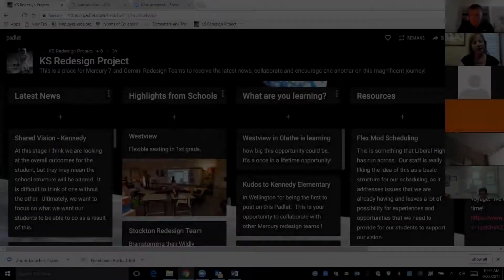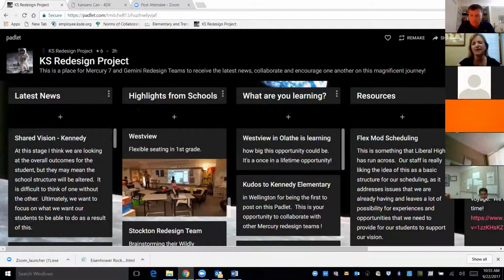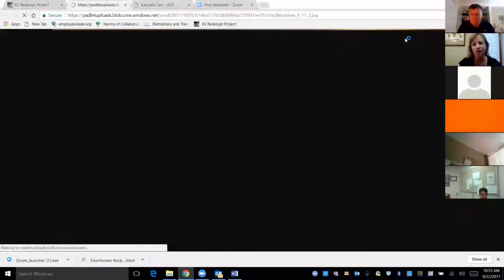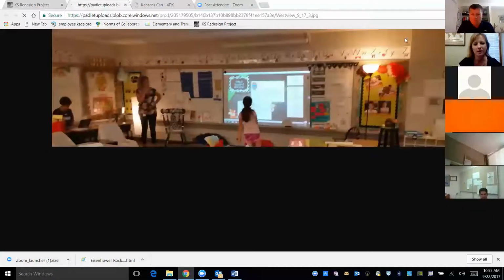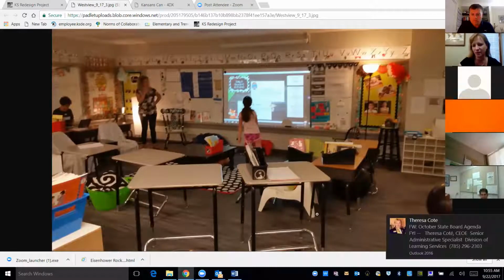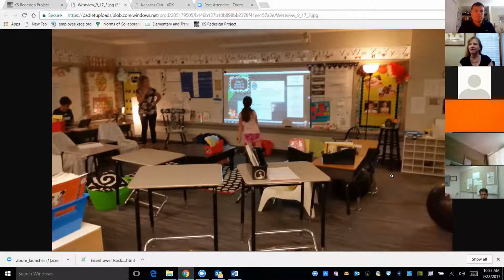And then I also posted some flexible seating pictures, and this is a first grade classroom. There are really only maybe 4 desks in the whole room, and these desks in here are actually stand-up desks with little treadmills. But their flexible seating and a lot of choice is something that is isolated.